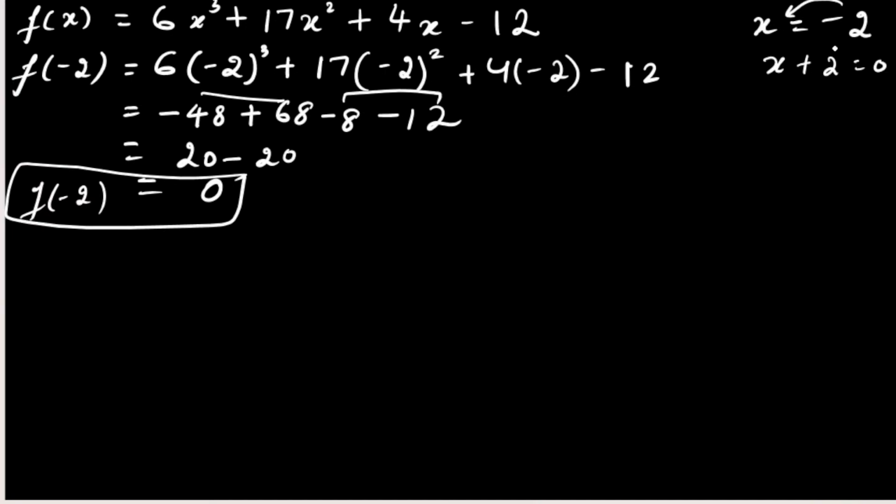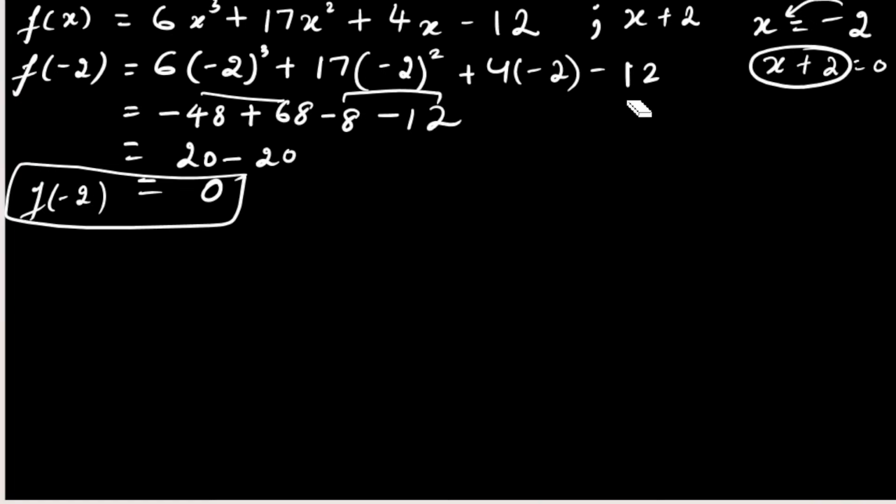X plus 2 is equal to 0. So the polynomial which is a factor of this one is x plus 2. So in polynomial form, we can write x plus 2 is a factor of this.